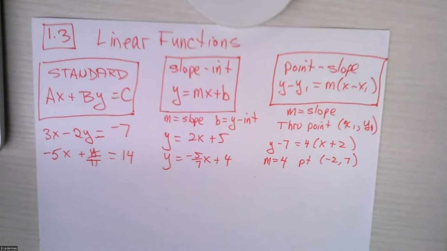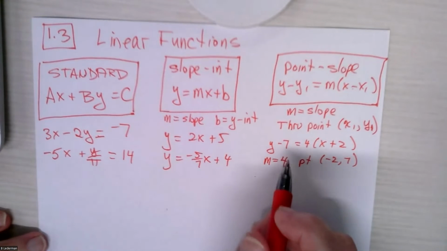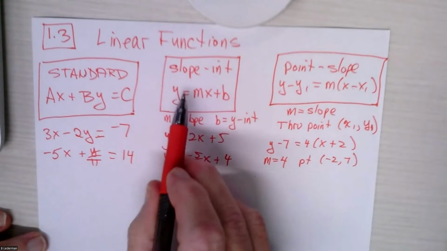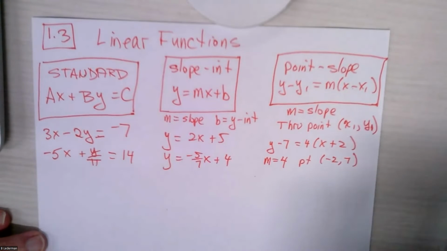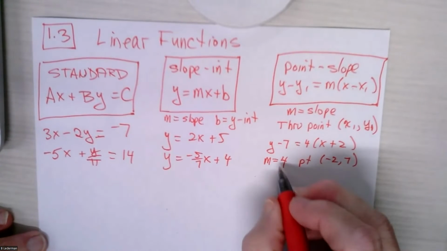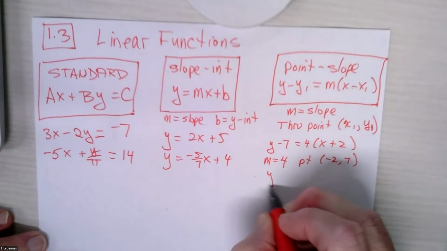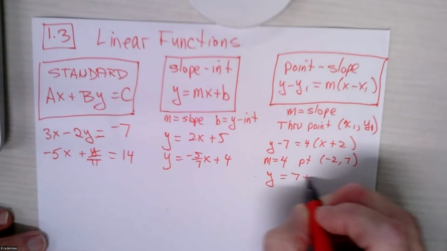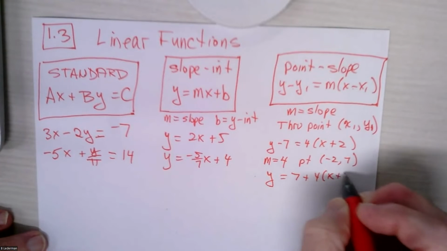So now I could take this equation here and solve for y, so to speak, and essentially put it into the slope-intercept form. So here's what I'm going to do. I'm going to add 7 to each side. I get y equals 7 plus 4 times x plus 2.